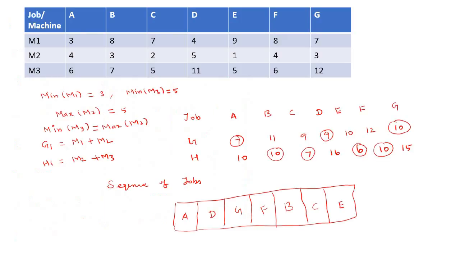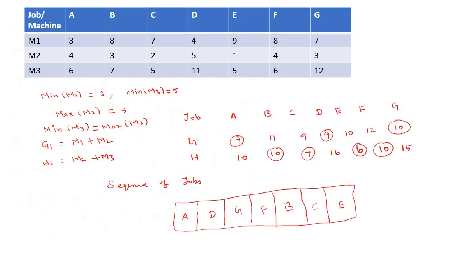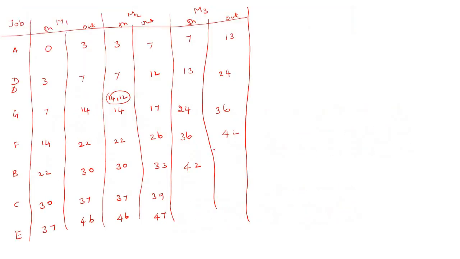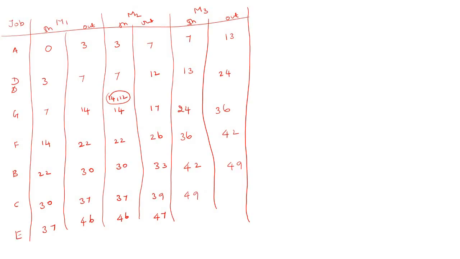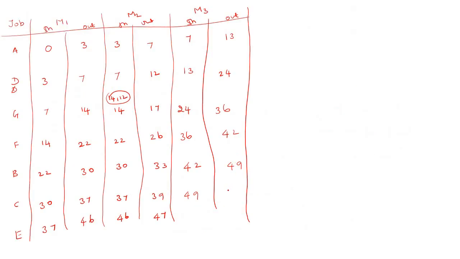So F value for the third machine is 6. So therefore 42. So the 42 comma 33, the maximum is 42. B value for the third machine is 7. So 49. The maximum is 49. C for the third machine is 5. 49 plus 5, 54.